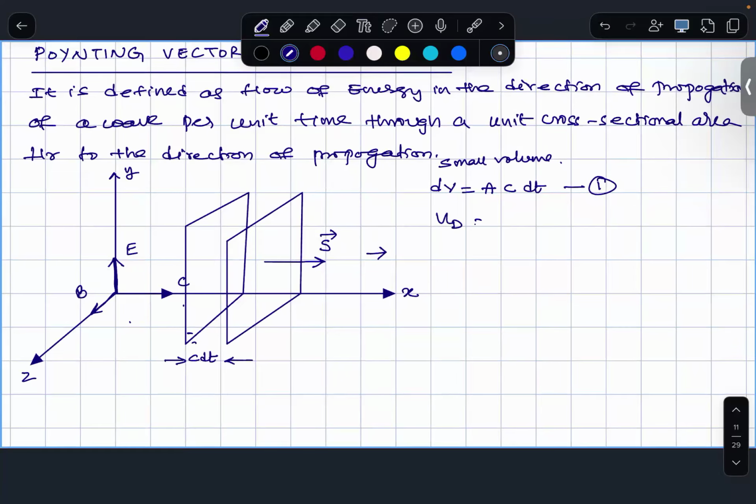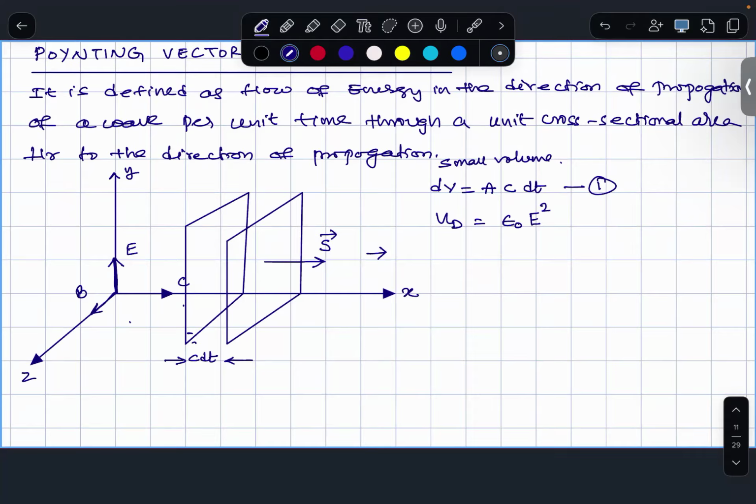Energy density, I know it is epsilon naught E RMS square. Or, okay, sorry. Energy density at that instant is epsilon naught E square. Remember the difference between the one which I have written and the one which I am writing right now: that is in statics.